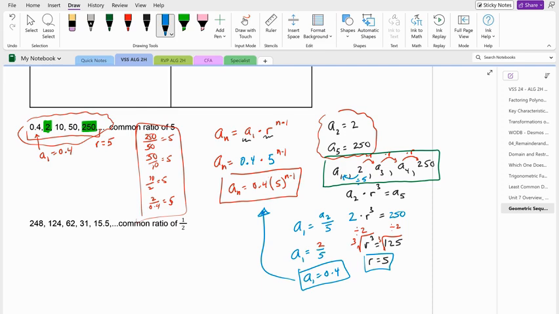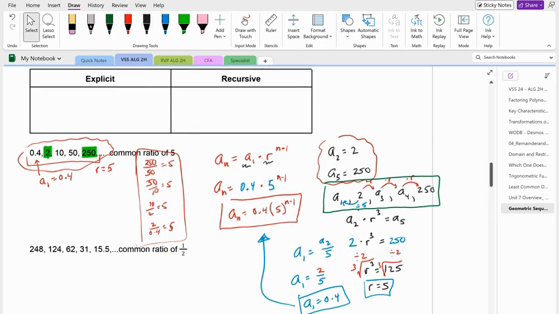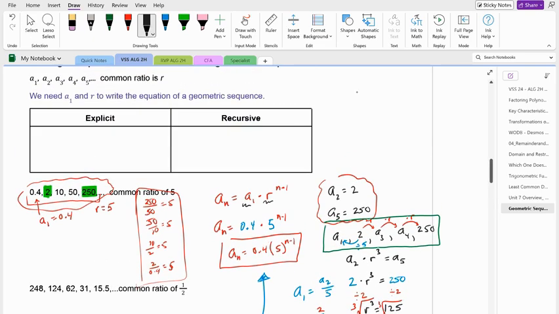So now we have the two things we need to write our geometric sequence. All right, and that's pretty much what you're working through. If you're testing, what would the graph of this look like? Then you just have to remember that if we're looking at these terms, 1, 2, 3, 4, 5, then these terms are going to increase.